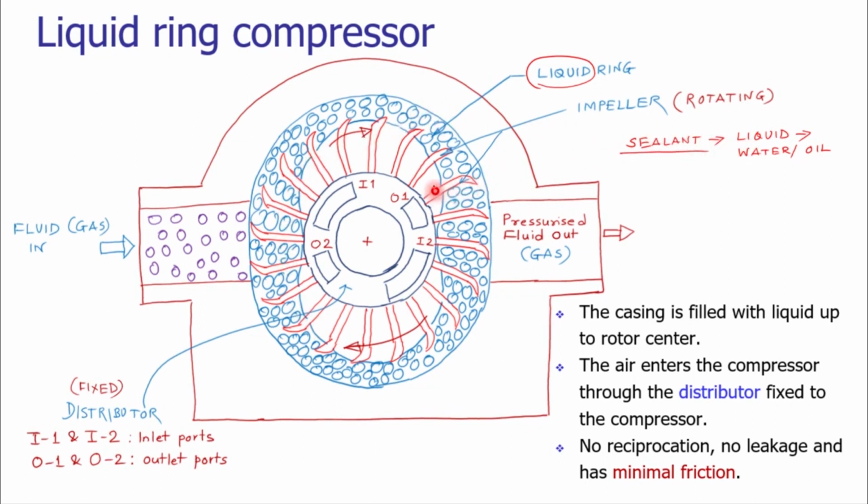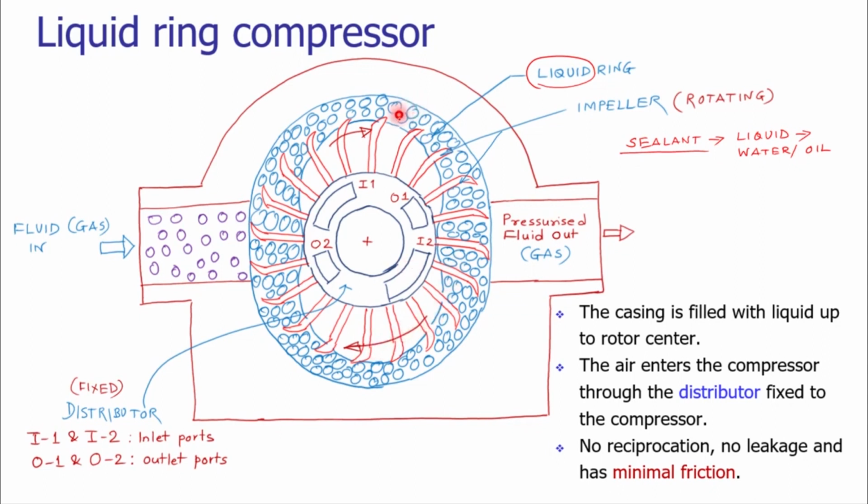Due to centrifugal force, this liquid will try to move in a radially outward direction, but due to the shape of the casing, it will not move out, and we get a ring of liquid during the rotation of the impeller. Due to this continuous rotation, we get a ring of liquid at the periphery of the space.